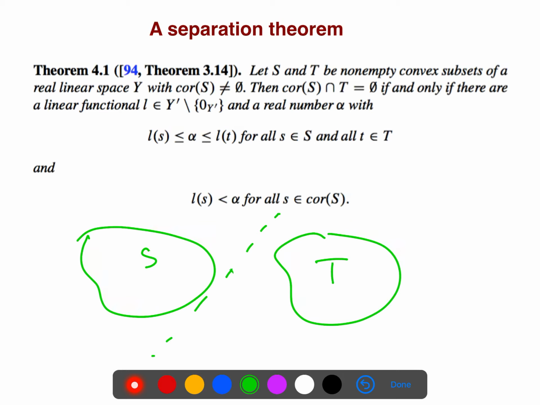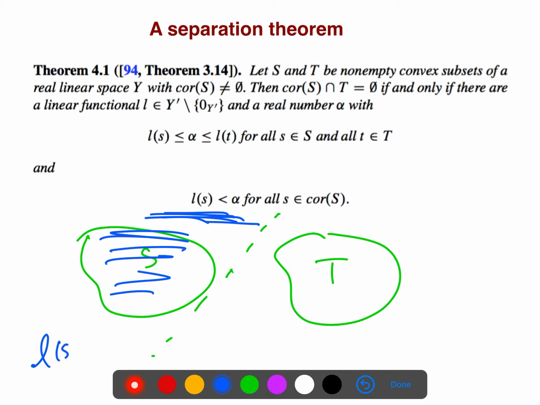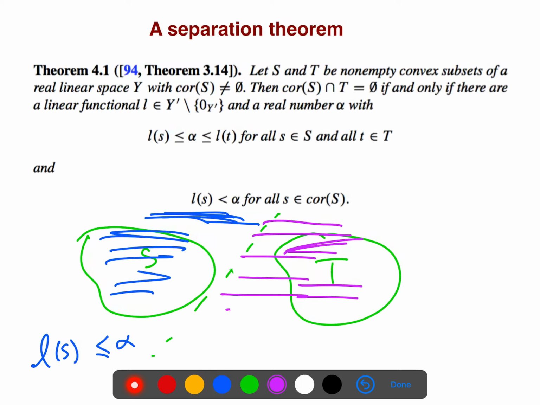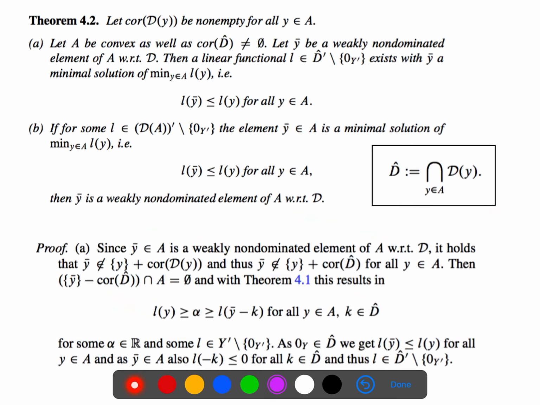For example, for all of S, L of S is less than alpha, and for all of T, because it's on the right side, L of T is greater than alpha. So you can separate them because these sets are convex, and you can minimize a linear functional to find the efficient frontier.